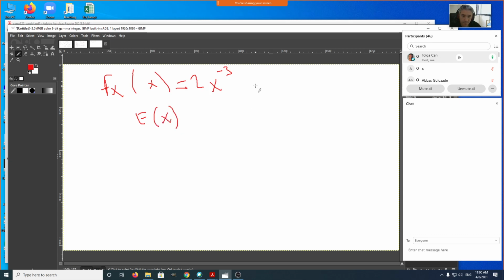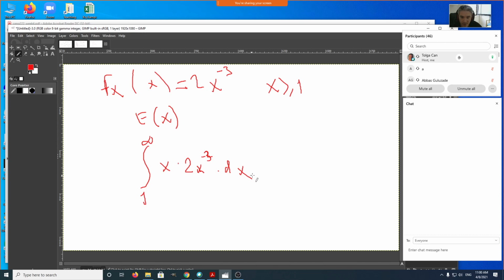How are we going to find it? The expected value will be the integral from 1 to infinity of x times this PDF, 2x^-3, dx. So if we compute this integral, you're going to find the expected value.